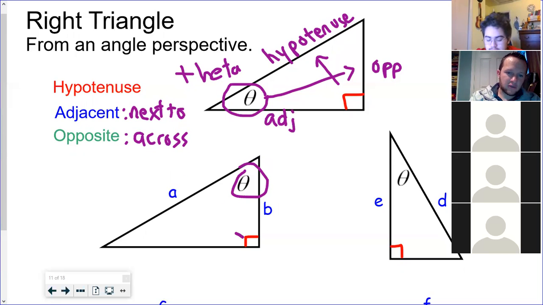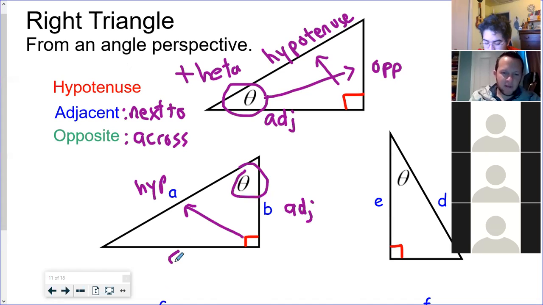It's across from our right angle, so we label that as our hypotenuse, which I'm only going to use the first 3 letters. B is next to it, so that is my adjacent side. And then C, it kind of got moved and didn't get copied, but there's C. It's across from theta, so we call that the opposite side. Okay, that's how I'm going to label my sides: opposite, adjacent, hypotenuse.